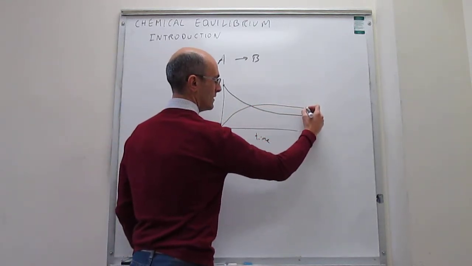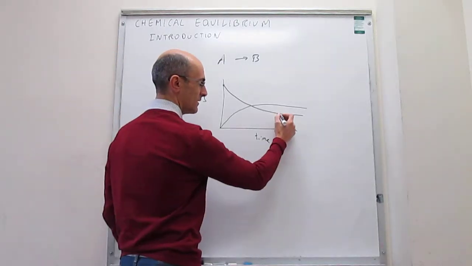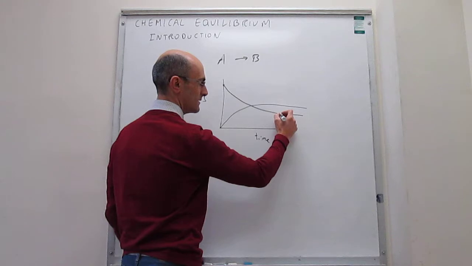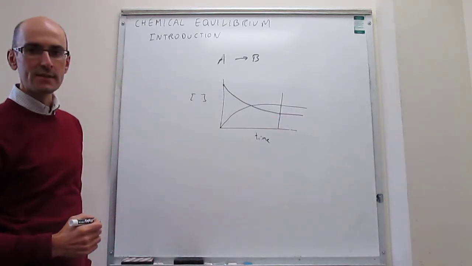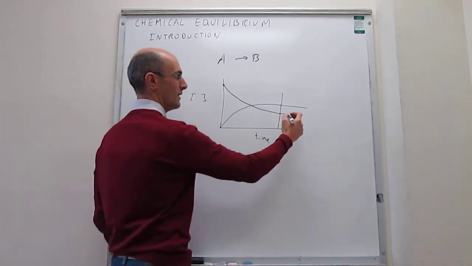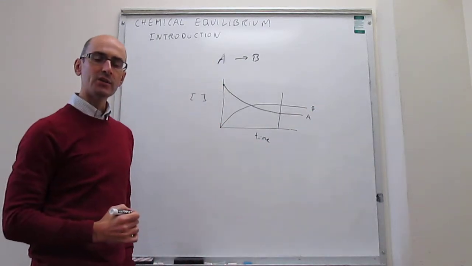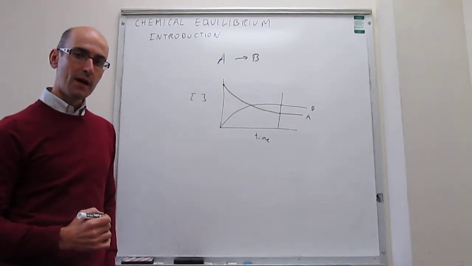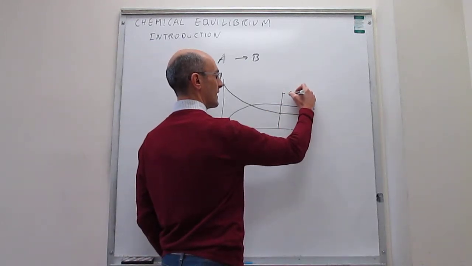In this reaction, we observe that after some time, indicated by this line, the concentrations of reagent A and product B, this is the line of A and this is the line of B, do not change any longer on time. At this point, we say that the reaction has reached an equilibrium.